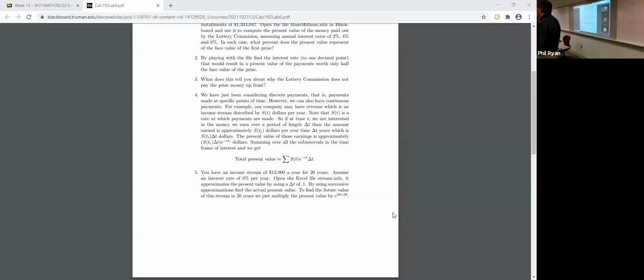If you have a store here and a store here, it's generating income, and you don't think of the discrete transactions, you just think of a flow of money. It's convenient to think of it that way because then we can do calculus and take derivatives. It's just a convenient assumption.